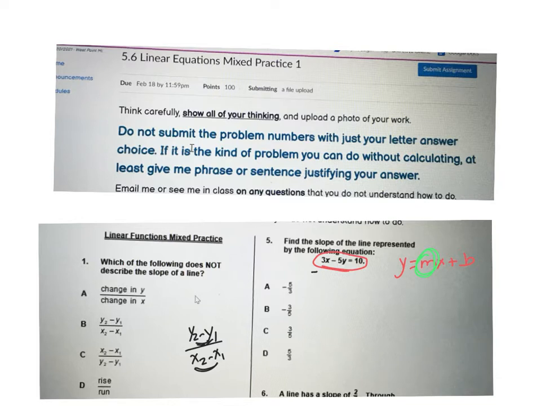So we're going to subtract 3x from this side and bring it over here. So we're going to have negative 5y equals negative 3x plus 10. And now we need to solve for y. So we've got to get rid of this negative 5.